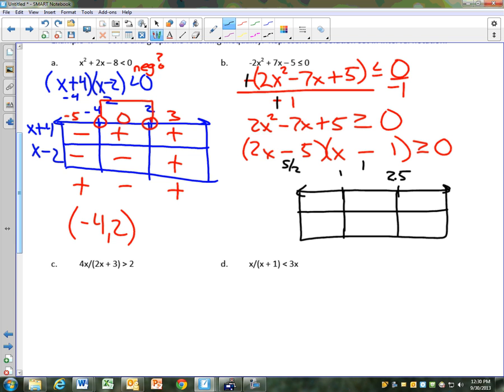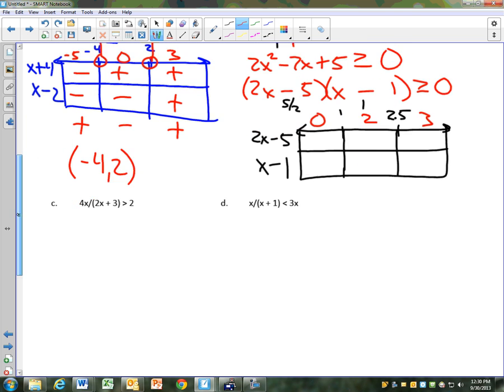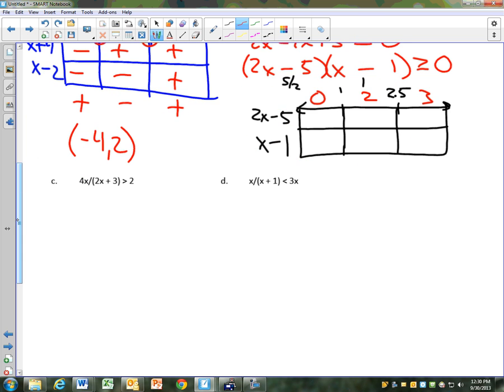So I have 2 rows, 2x minus 5, and x minus 1. What is a number to the left of 1 you'd like to plug in? 0. How about between 1 and 2.5? And we'll go 3. Now we'll plug in and see what we get.